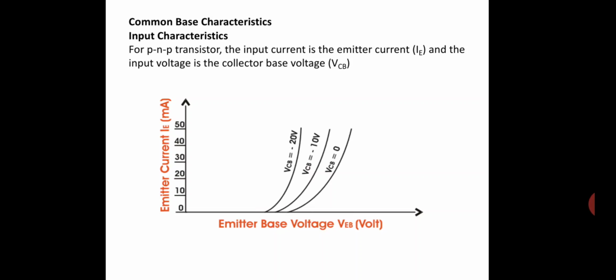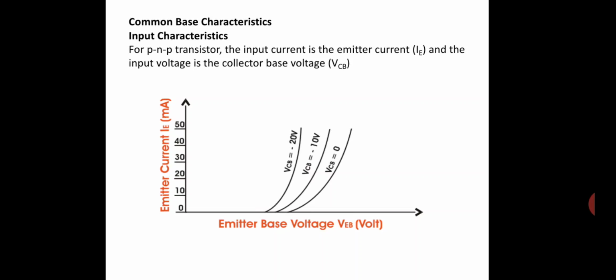At emitter base, a DC battery is connected and at collector base a DC battery is connected. So the input characteristic depends upon the input supply and input current. Input supply is emitter base voltage and input current is emitter current.